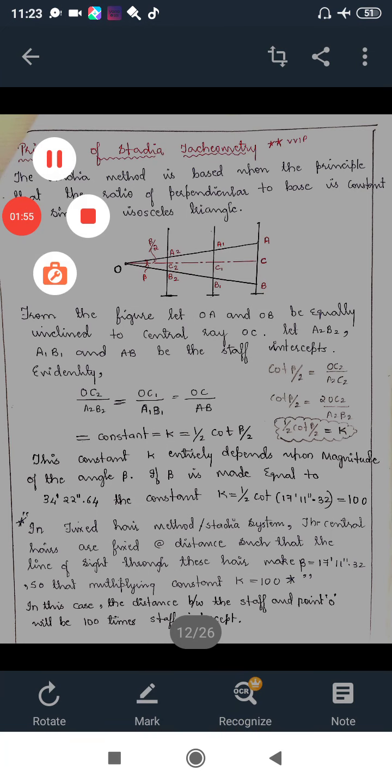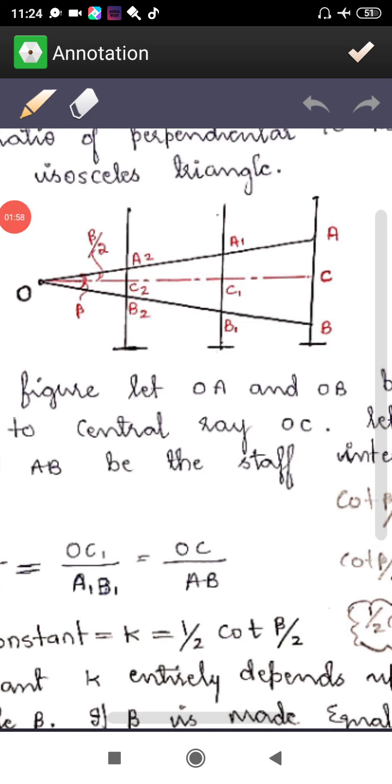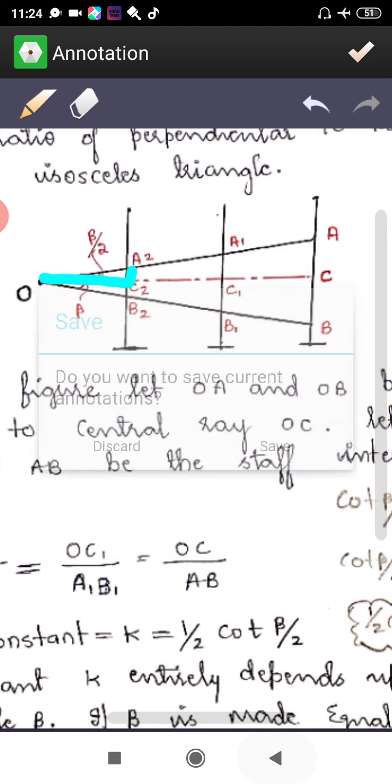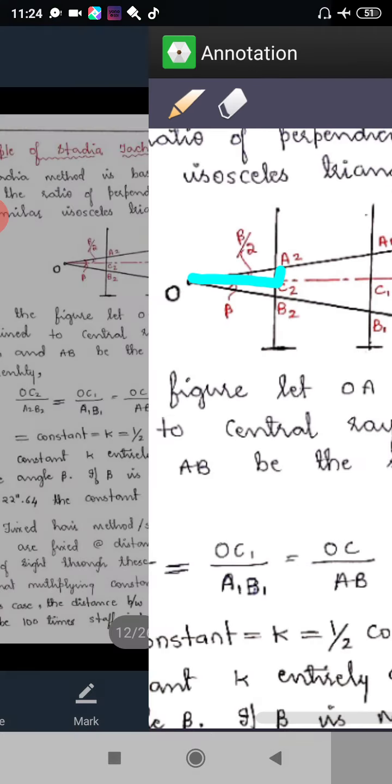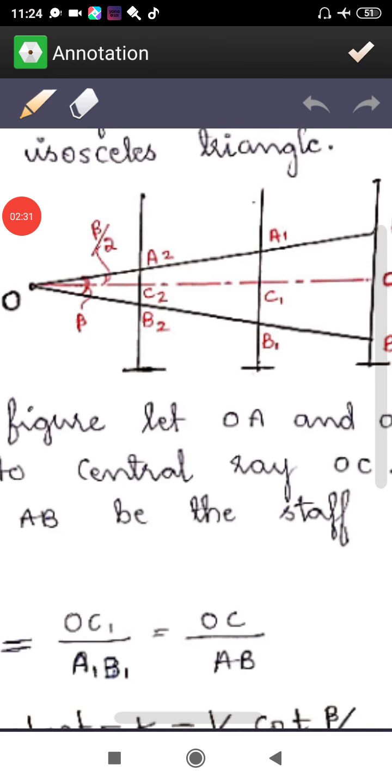Now if you see here, the stadia method is based upon the principle that the ratio of perpendicular to the base is constant. Now if you take similar isosceles triangles, you can take this OCA, and also you can take OCB.